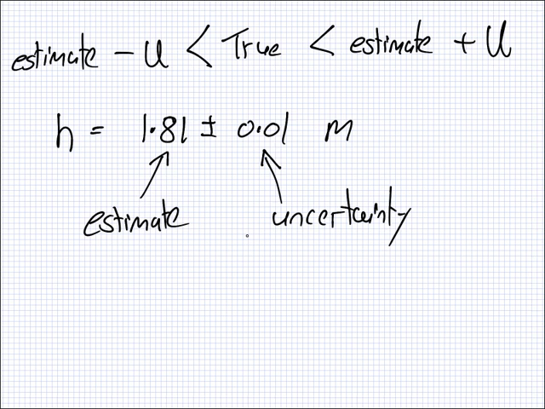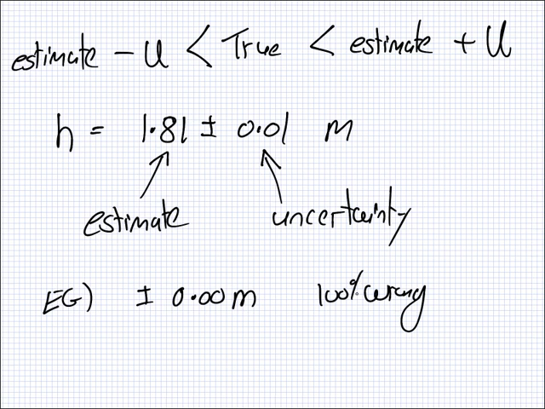Now, we need to get a balance right for calculating the uncertainty. So for example, if I was to say the uncertainty is plus or minus 0.00 meters, I'd probably be wrong. I mean, it's very unlikely that I got lucky and I was exactly right, okay? So I'd be 100% wrong, I think.